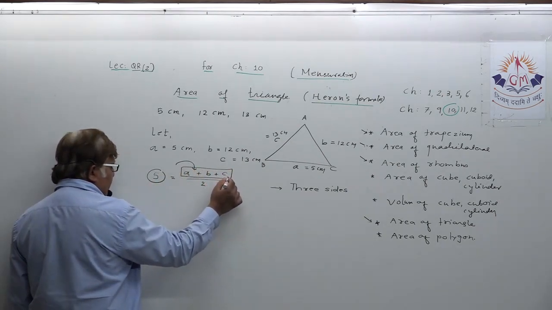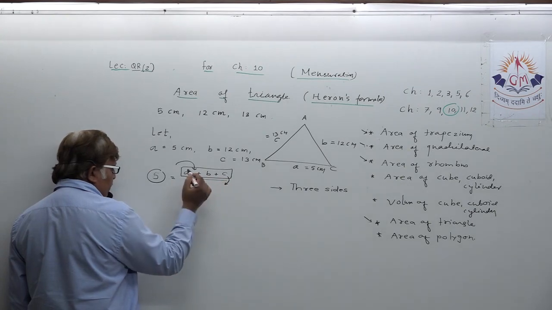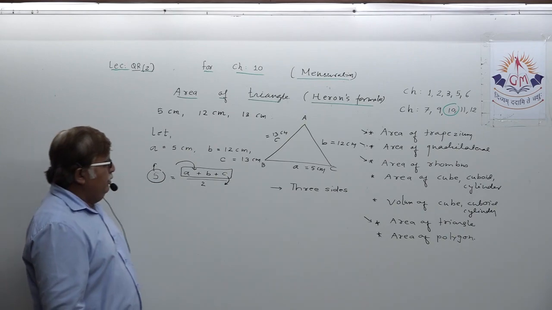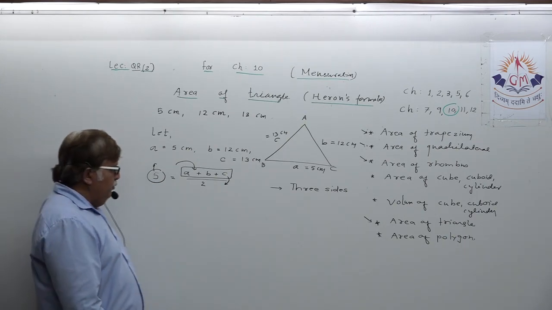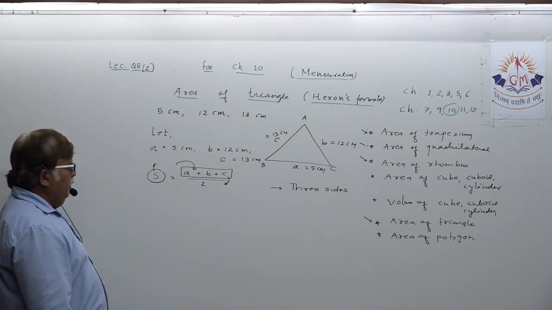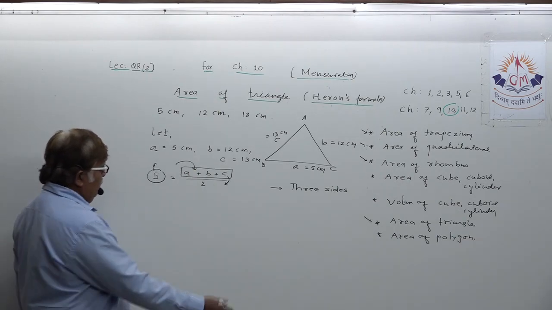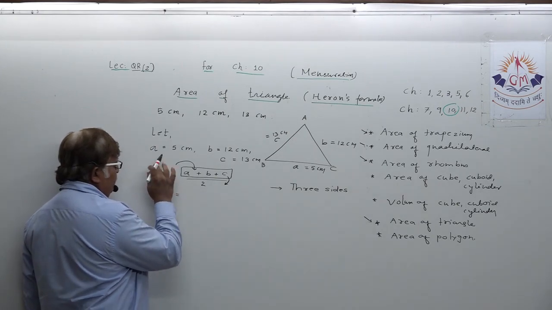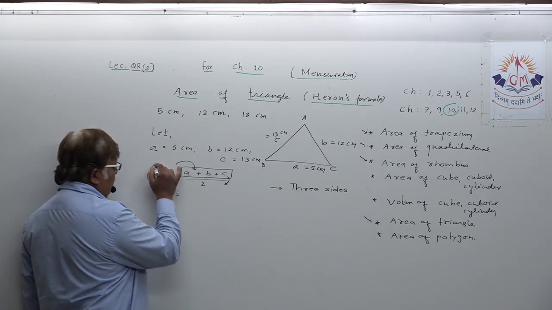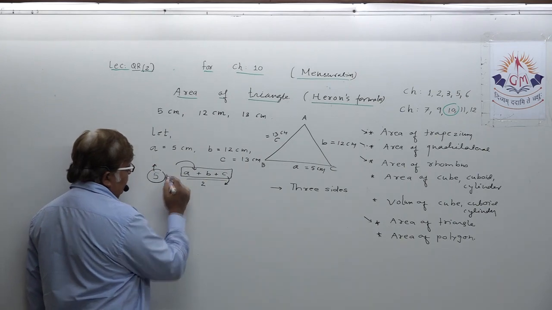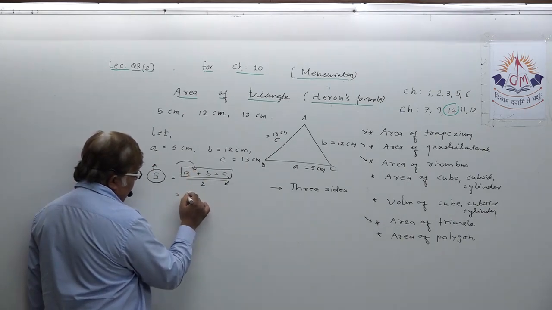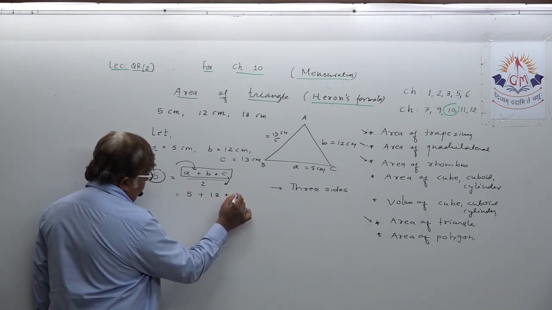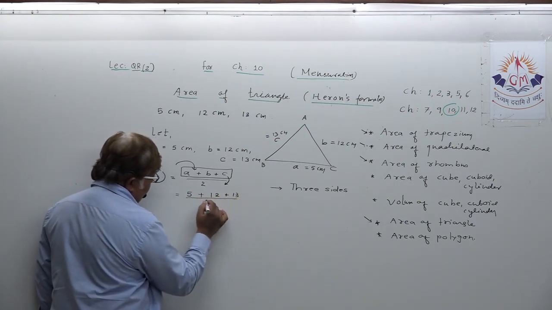Now, when perimeter of triangle is halved, divided by 2, it gives you semi-perimeter. You understood this. So, s equal to a plus b plus c upon 2. You should know this symbol. s is the symbol of semi-perimeter. Let us write the value: 5 plus 12 plus 13 upon 2.